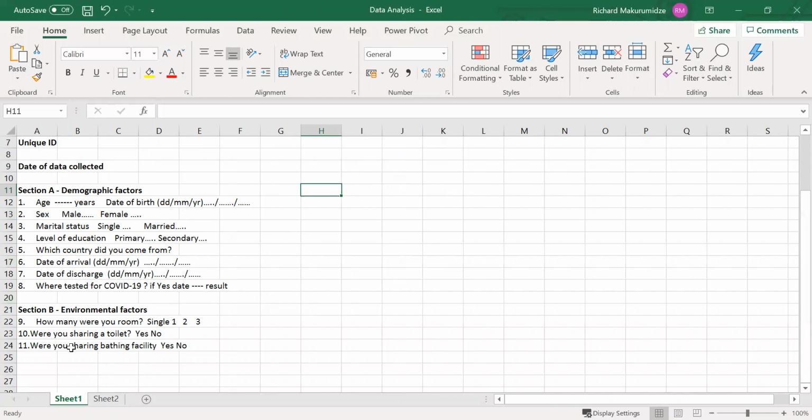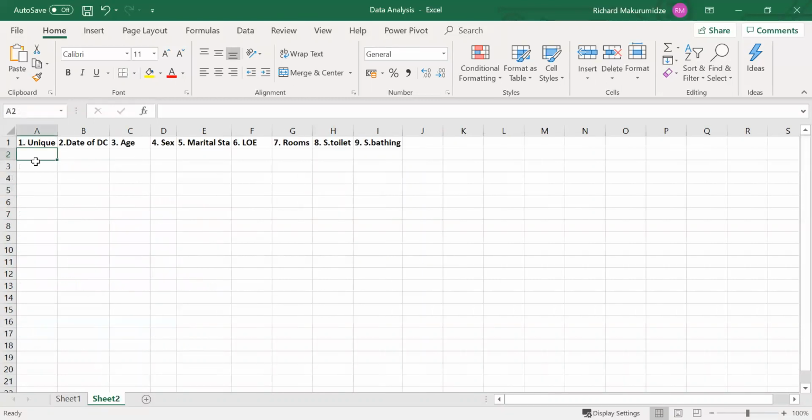For that first questionnaire, the unique number is maybe 001. What was the date? Maybe I did it on 10 August, maybe on 1 June. I collected all my questionnaires in 2020.